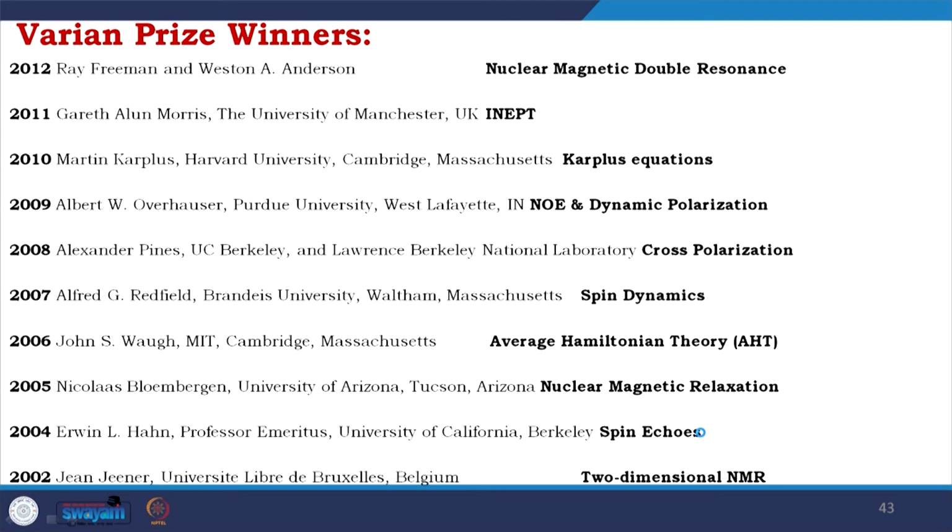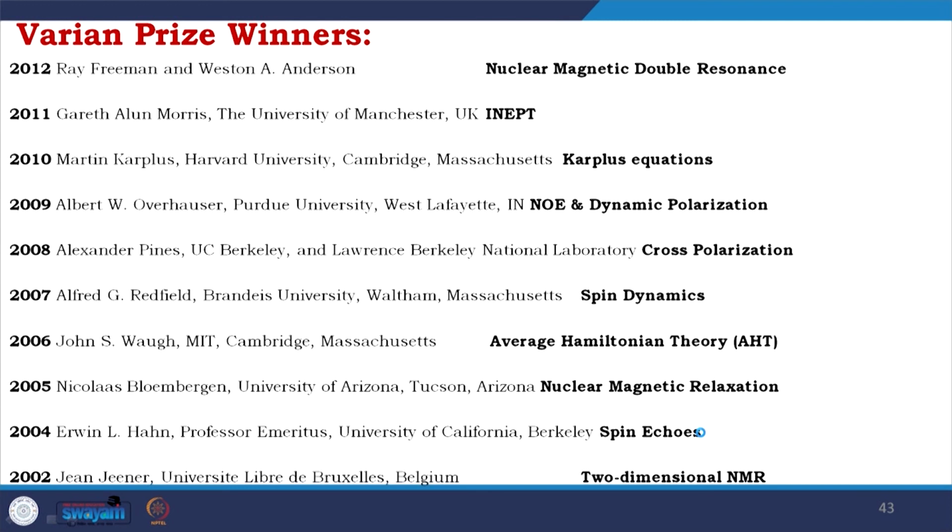In 2005, Nicolaas Bloembergen, University of Arizona, for nuclear magnetic relaxation. In 2006, John Waugh from MIT for average Hamiltonian theory, or AHT. 2007, Alfred Redfield from Brandeis University for spin dynamics.